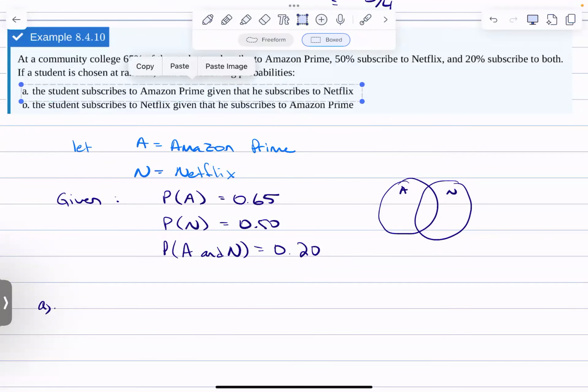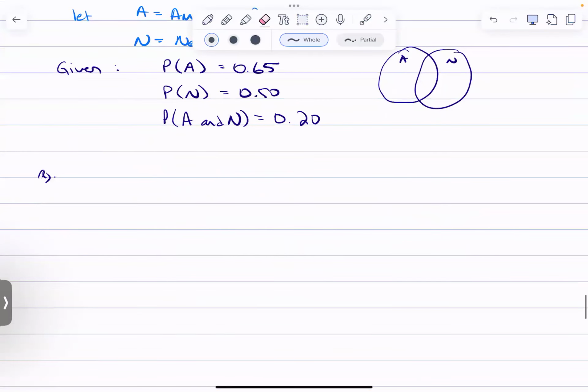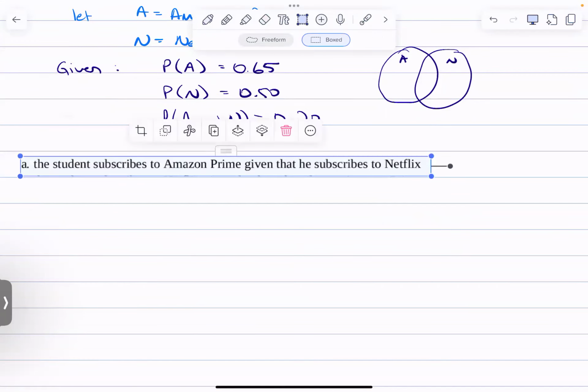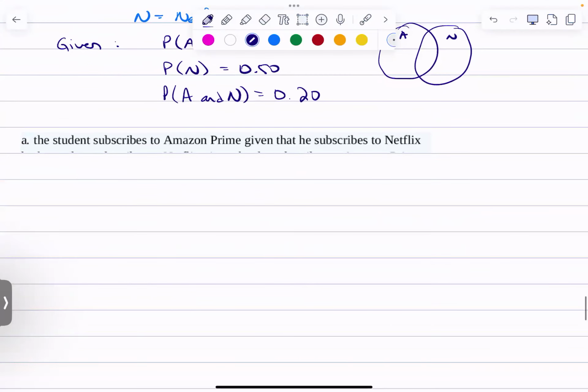We want to find the probability that they subscribe to Amazon Prime given that he subscribes to Netflix. So knowing he subscribes to Netflix, what's the probability that he subscribes to Amazon Prime? Translating this, I think the easiest way to solve this, maybe the only way, is to use the formulas in this case.